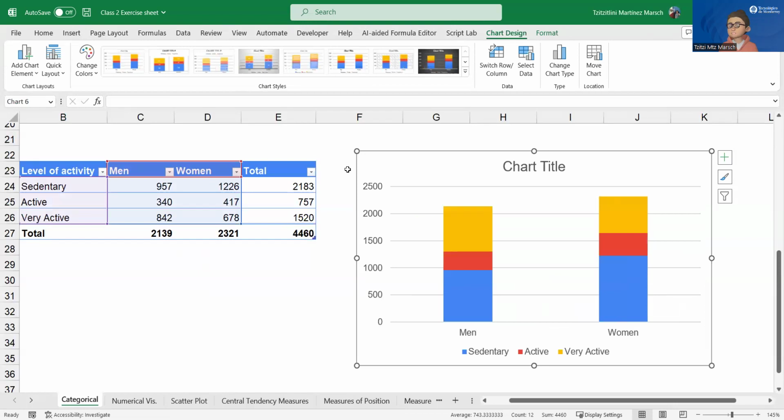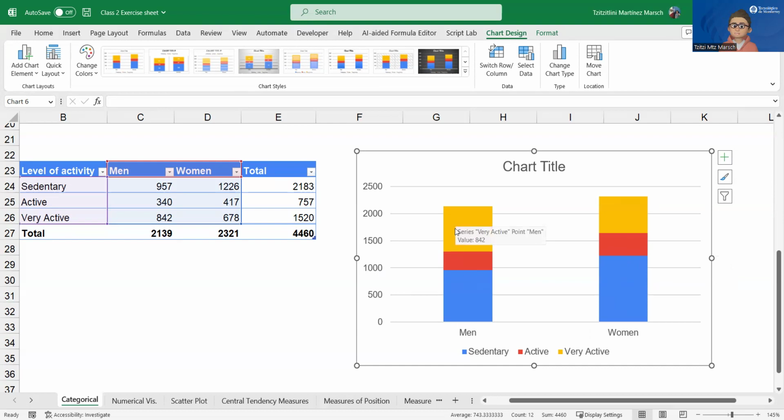Instead of having three clustered graphs, for each one of the genders, like the women, they'll be stacked. It's very easy to see that most of the women, just by looking at the graph, have very, very low activity. They're sedentary. And in both, the ones who are active tend to be less of all three groups.